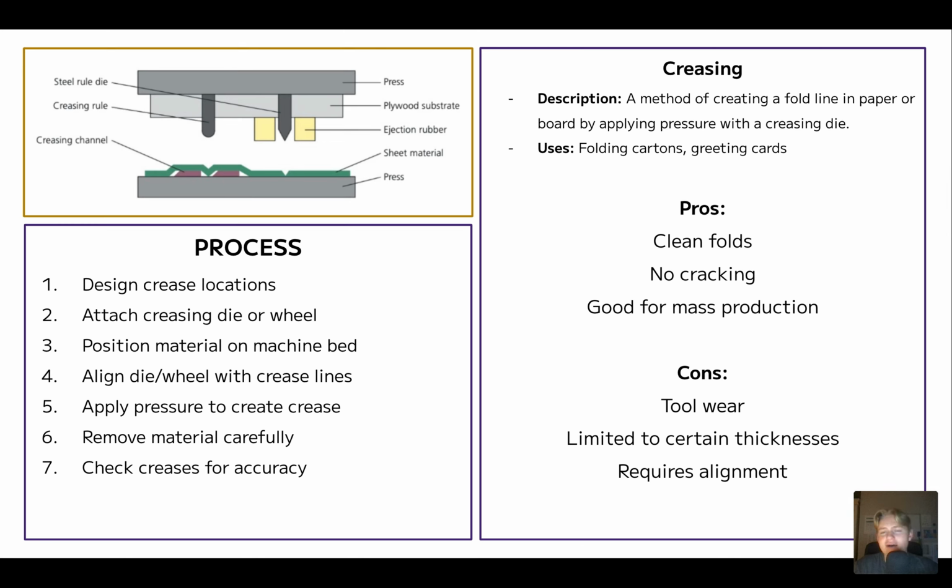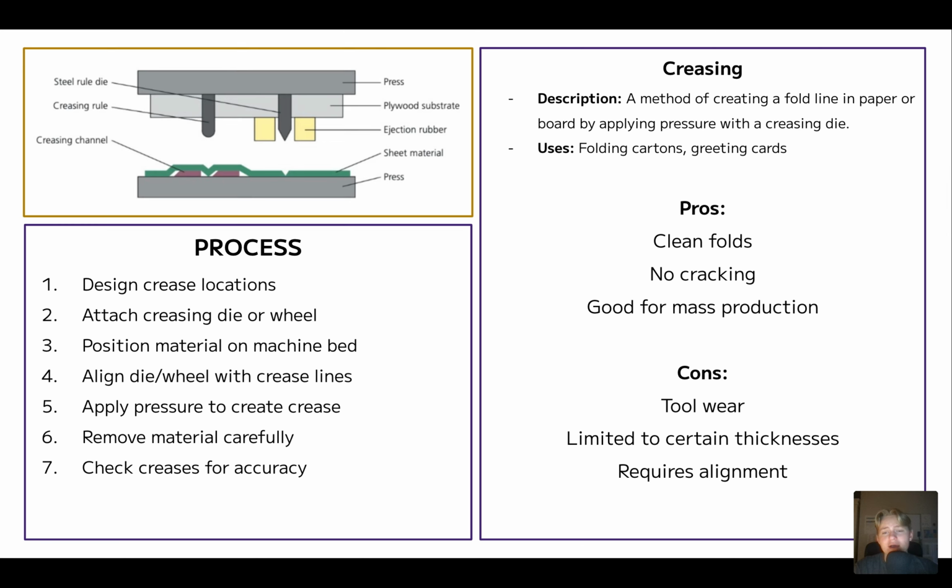The cons are that it can wear out over time. This is less of an issue for a creasing rule and more so for a cutting rule. But in certain circumstances with a creasing rule, we can have issues with long-term longevity just from continued use.